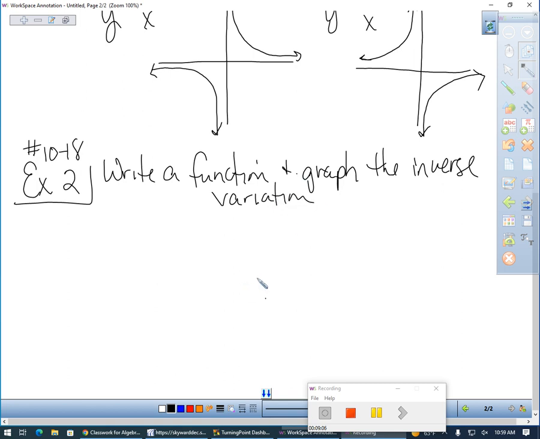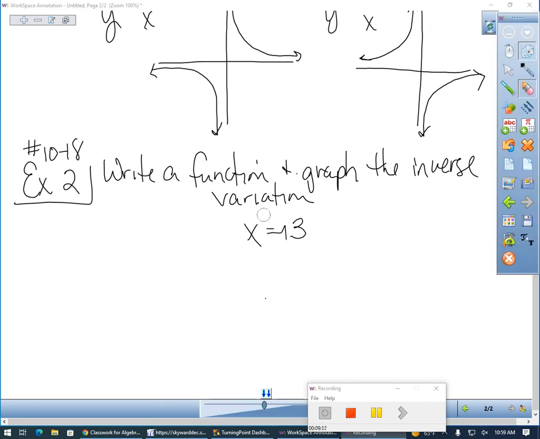And all they're going to tell you is that x equals 13. So let me fix that a little. Oops, sorry about that. X equals 13 and y equals 10.